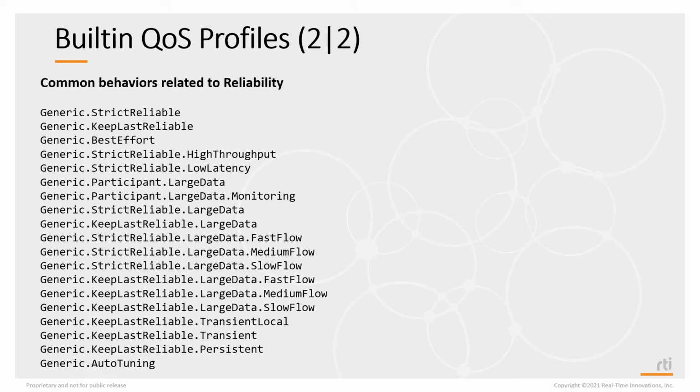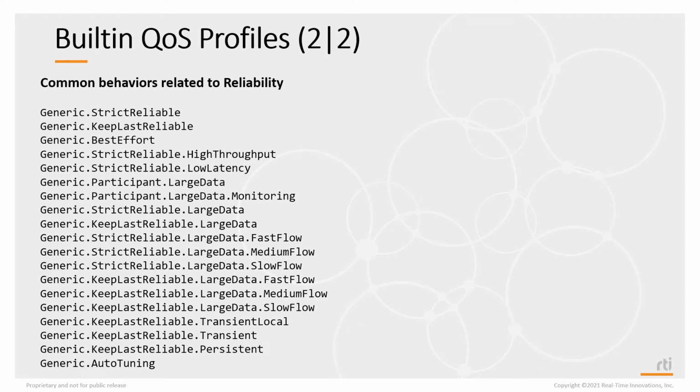reliability. You may have connections that need to be strictly reliable but are high throughput. Or you may have strict reliable connections that need to be low latency. You may be trying to send large data like files or images. And when you do that, you may want to use a flow controller.